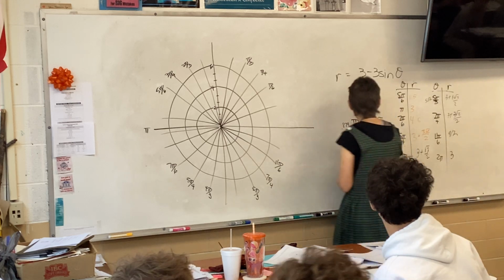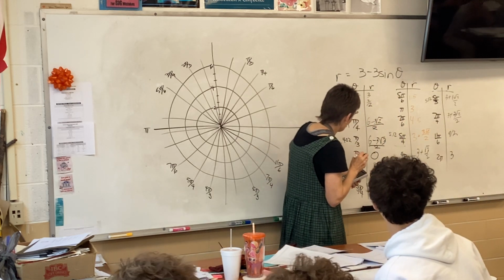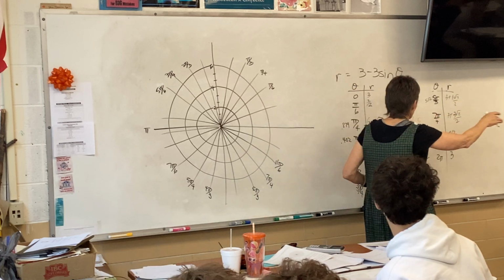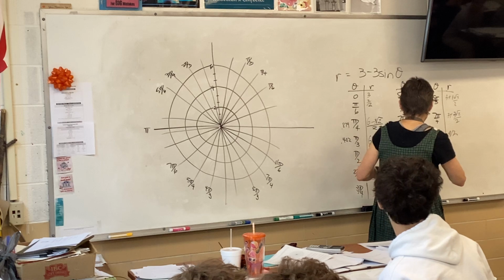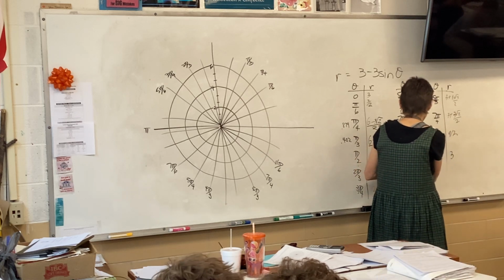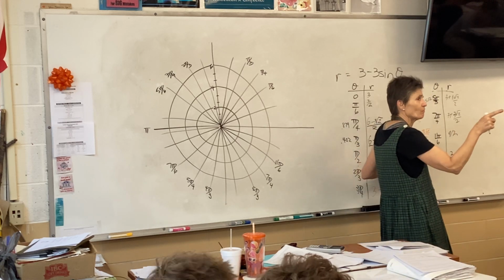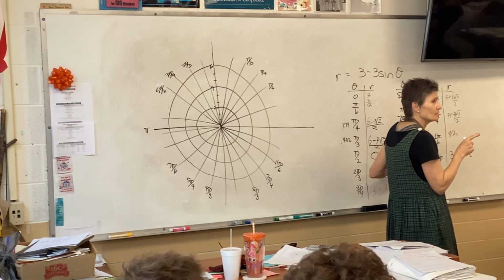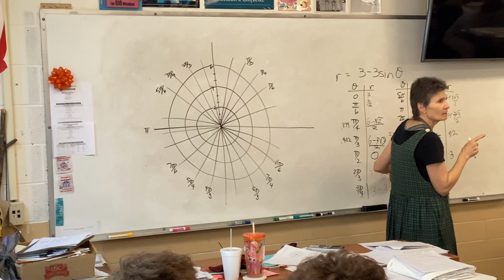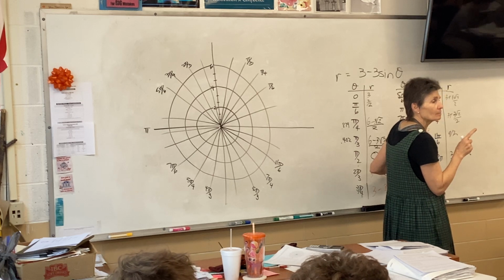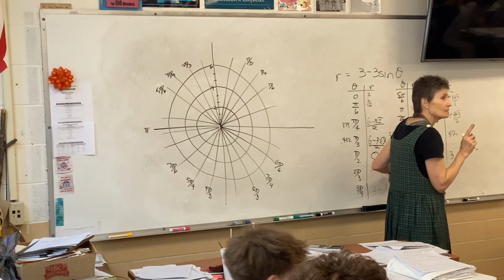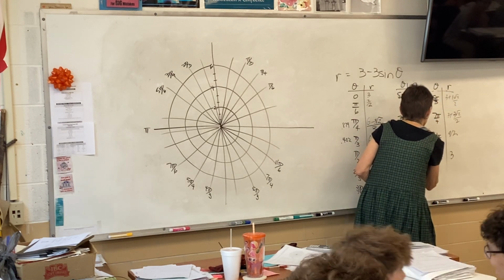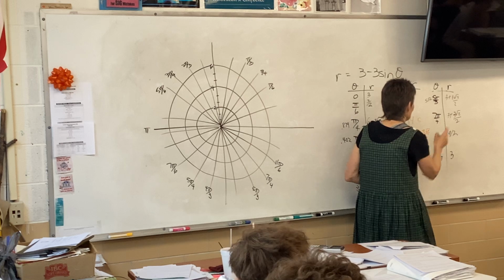Okay, I think we got a couple of bad ones up there, over there on that side. What did we get for 4 pi over 3? What did you guys get for 4 pi over 3? 3 plus 3 square root of 3 over 2.